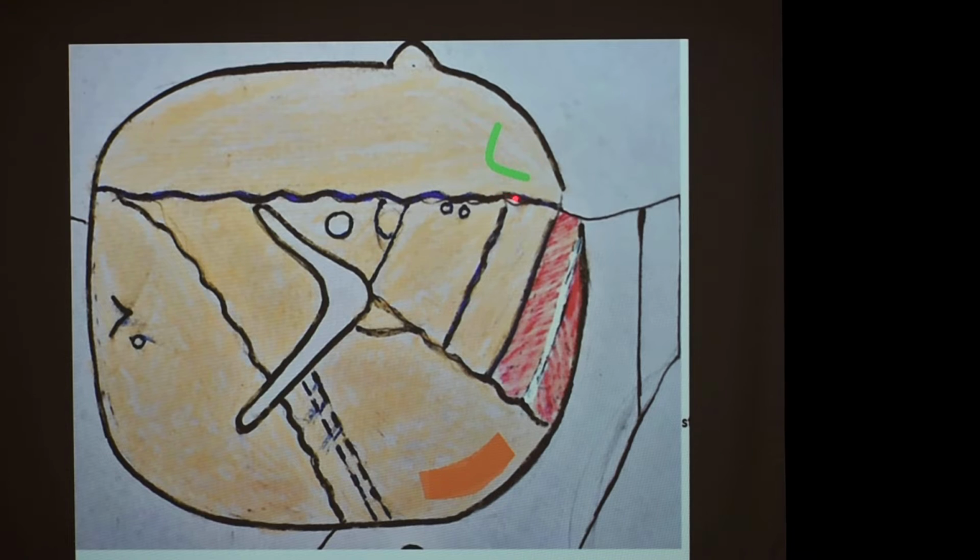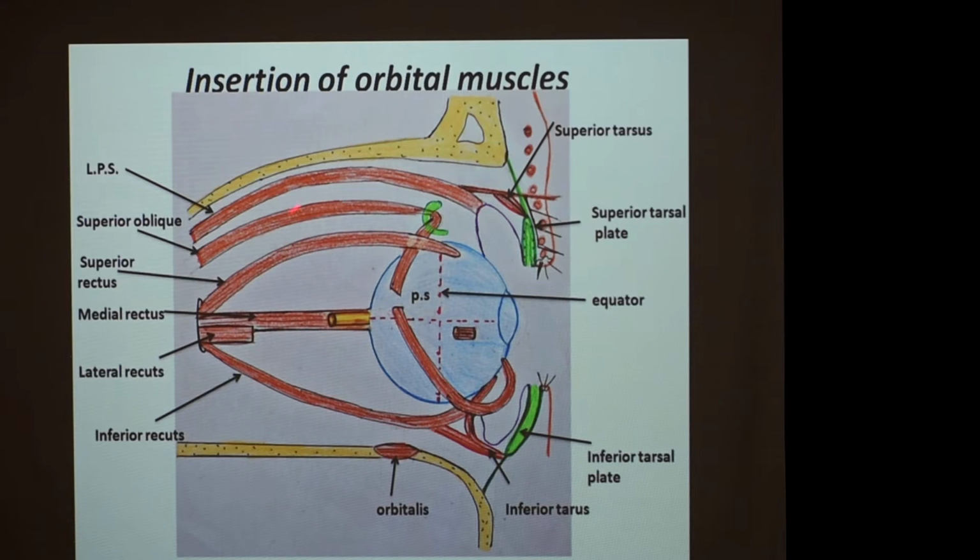This green shade is suggesting the trochlear pulley. It is a modification of the periorbital fascia. The location of the trochlear pulley is on the anteromedial aspect of the roof of the orbit. So it winds around the trochlear pulley. Again the same structure over here, we can see it winds around the trochlear pulley.